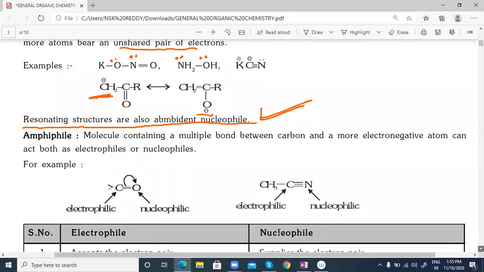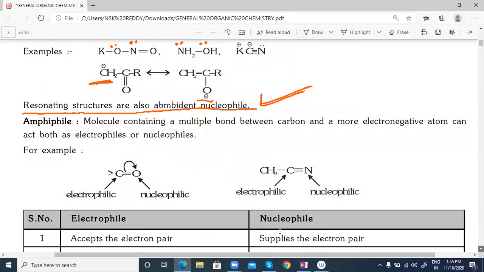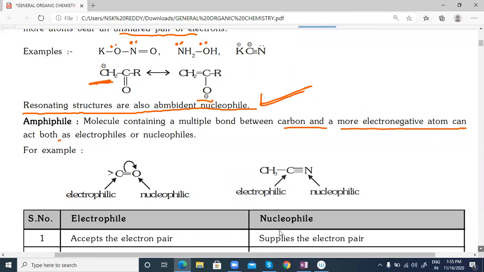Next, amphiphiles. You can find this definition: a molecule containing a multiple bond between carbon and a more electronegative atom can act as both electrophile and nucleophile. Here, whenever this pi bond moves, oxygen gets negative charge. This carbon is positive, oxygen is negative.